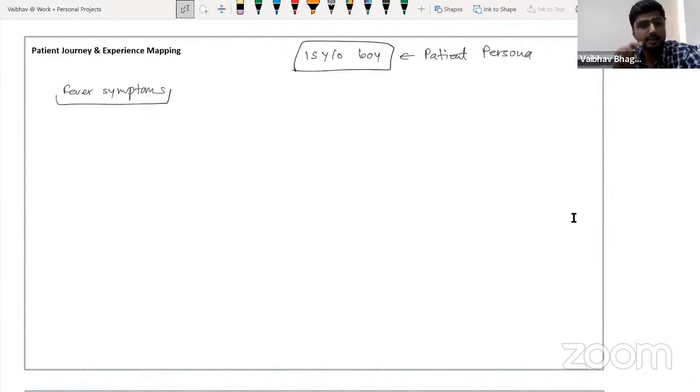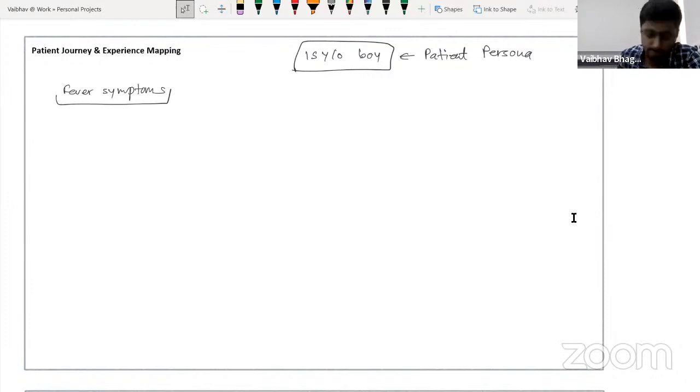This is where his patient journey starts, not from the point that he comes to a hospital and the treatment starts. You have to keep in mind that the patient is already experiencing something because of which he is going to a hospital or a clinic. So it starts from the patient symptoms.